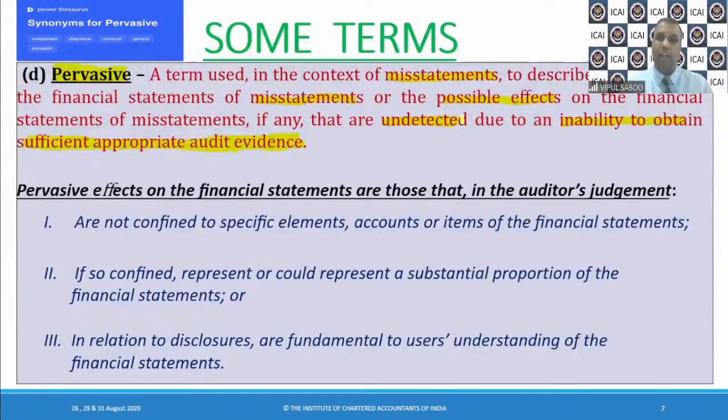It is going to be found everywhere like a virus. But if the effect is not pervasive, that means it is limited to only one part of your financial statements. It is not affecting the whole population, all the financial statements. So what are pervasive effects?